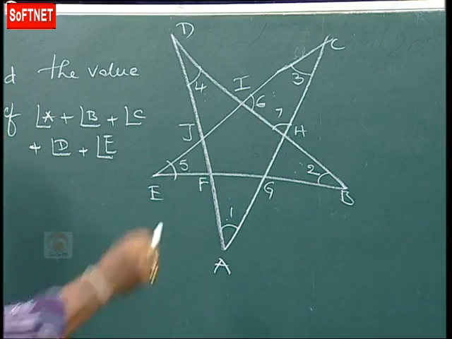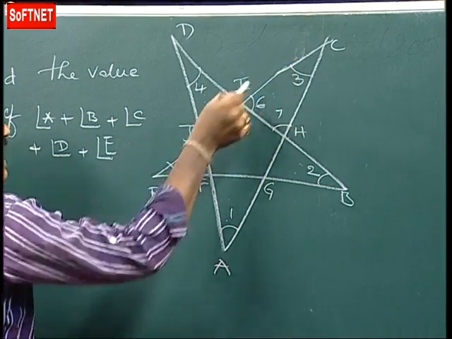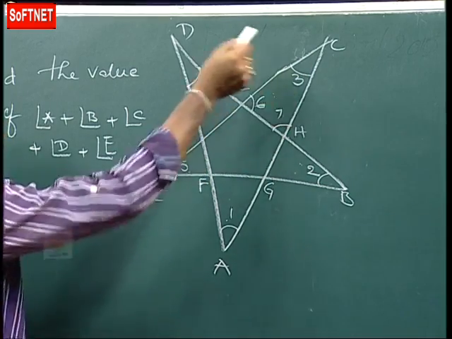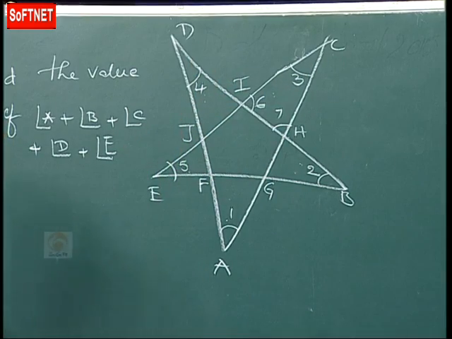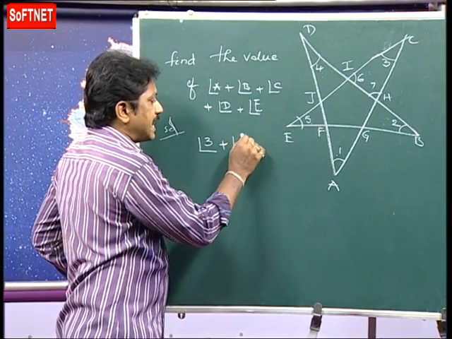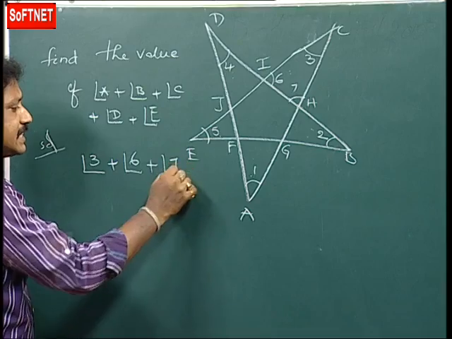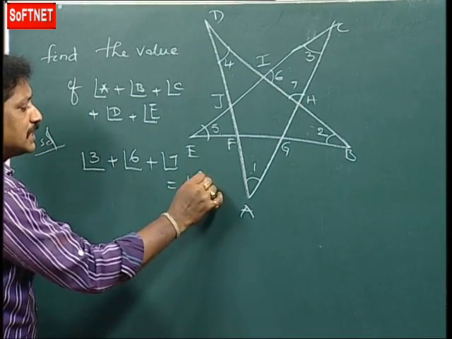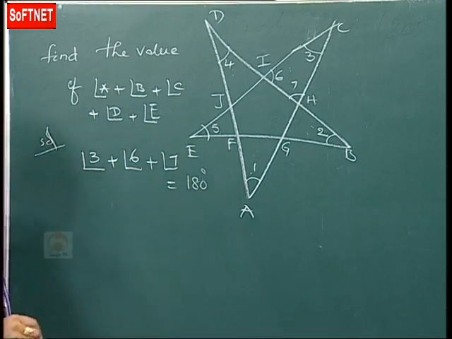We know that in triangle HCI the sum of 3 angles equals 180. This is the angle sum property. Am I correct? You can write the same: angle 3 plus angle 6 plus angle 7 equals 180 degrees. Now I am going to use the second property.